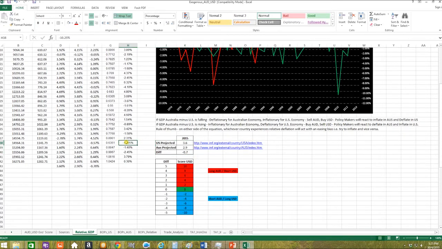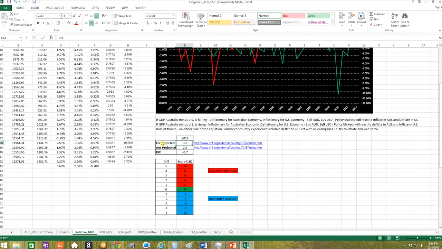There's a small caveat here in that the projected number of 3.6% for the United States was actually taken at the beginning of March from the IMF website, and recently it has come down. So we're looking at this historically now as if we were at the beginning of March 2015.